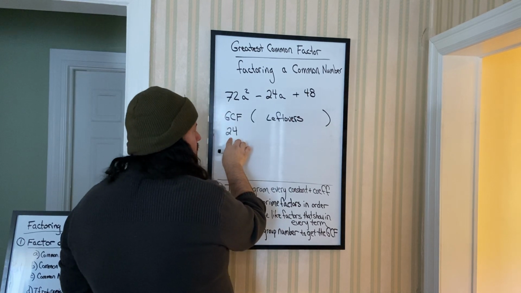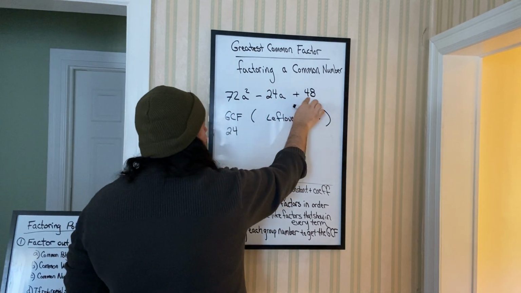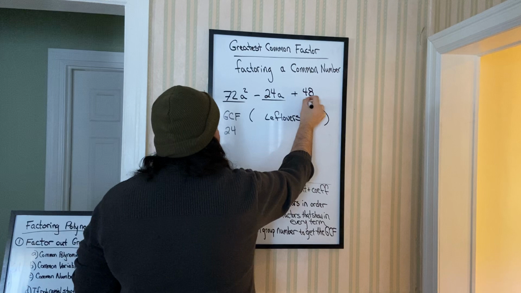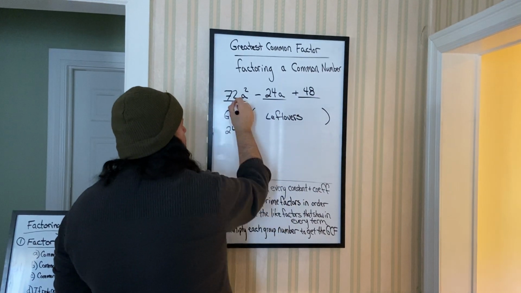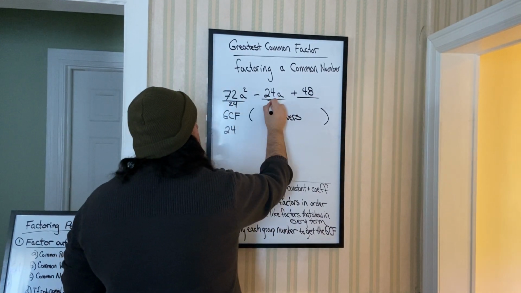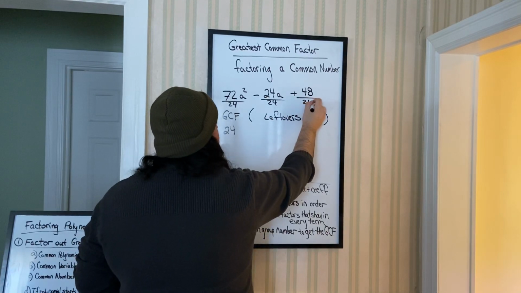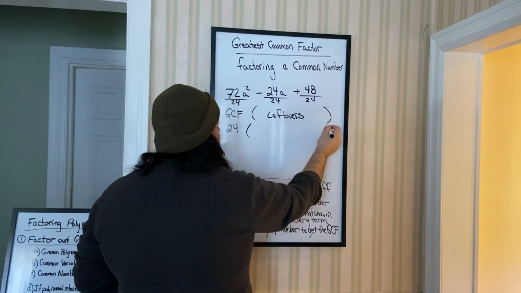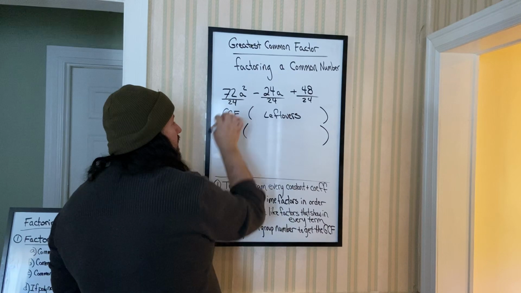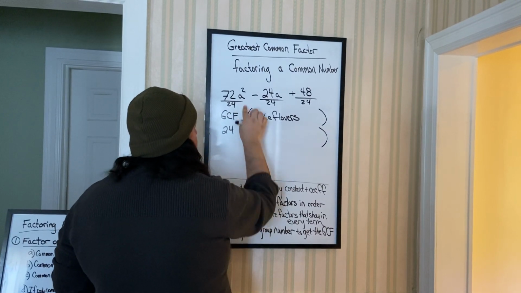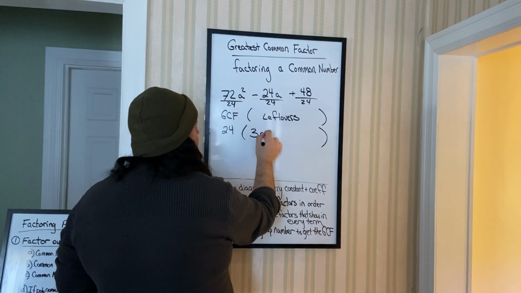Once I know my GCF is 24, notice that there's 3 terms here. I'm going to divide each and every term by the GCF. 24, 24, 24. And here you can use your calculator to know that 72 divided by 24 is 3. And then you're still left with the a squared.